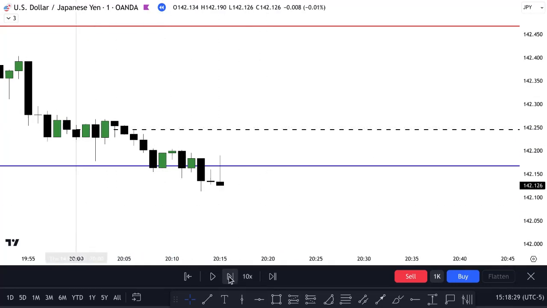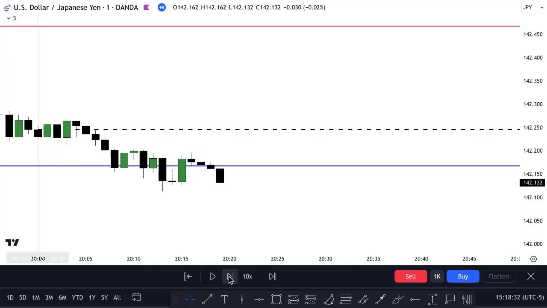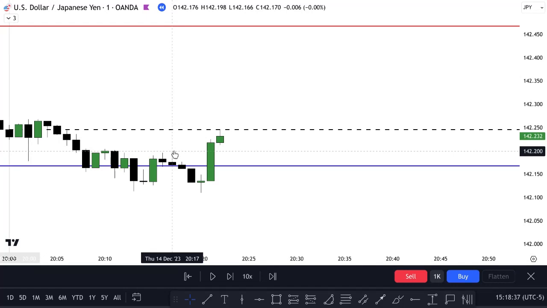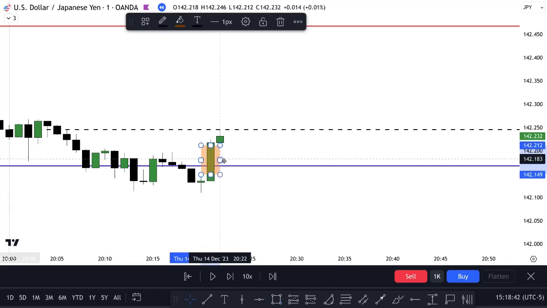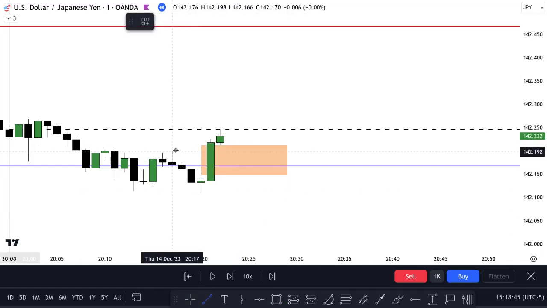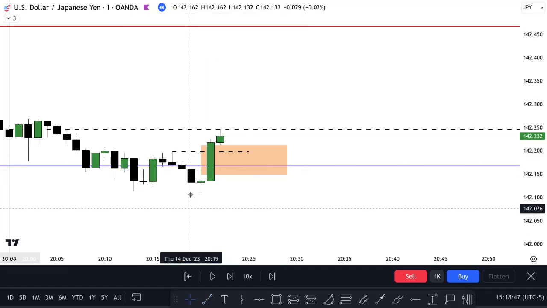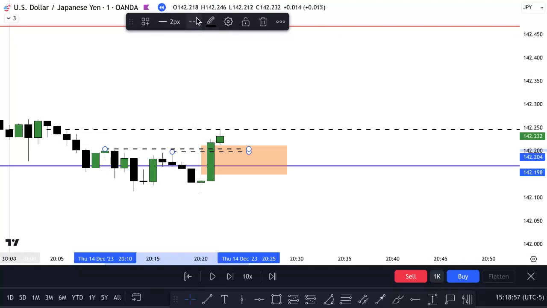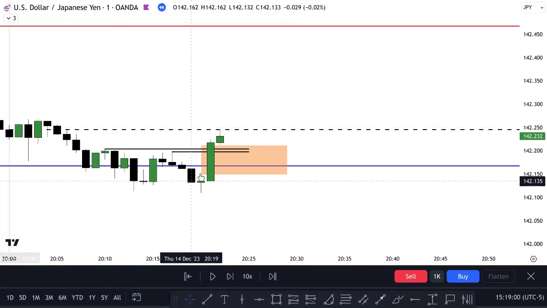What that market shift looks like is a fair value gap through a swing high. And you can see that swing high here is broken with this fair value gap. So that's the fair value gap right there. You have a swing high here. You also have another one over here that it runs through. What I would do now at this point is wait for price to trade back into the fair value gap and go long.